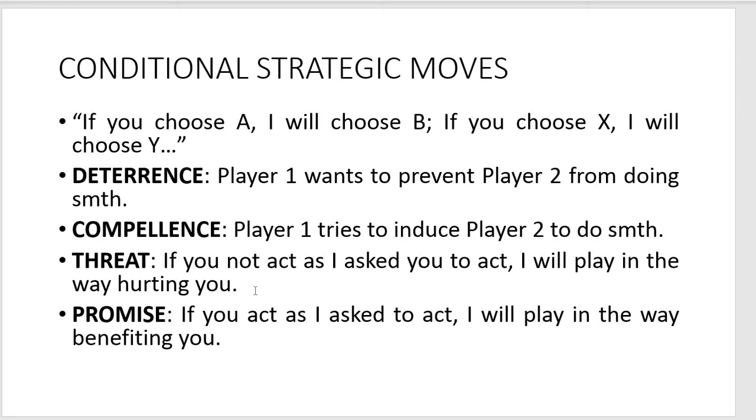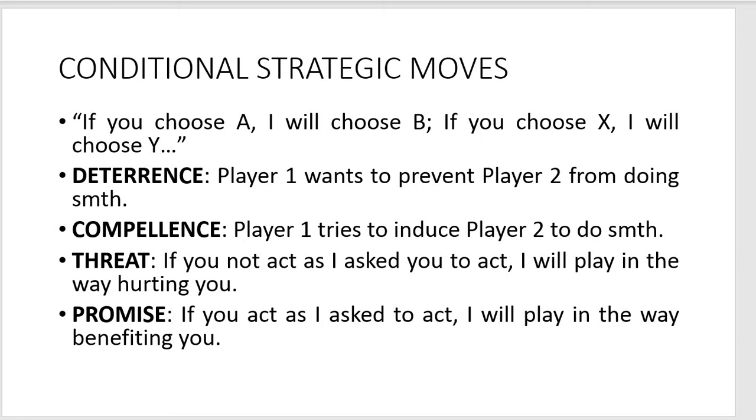So threat: if you do not act as I ask you to act, I will play in a way that hurts you. And promise is all about promising to do something nice for the other player if this player acts in line with your expectations: if you act as I asked you to act, I will play in a way that benefits you.